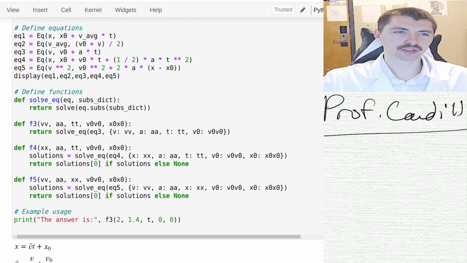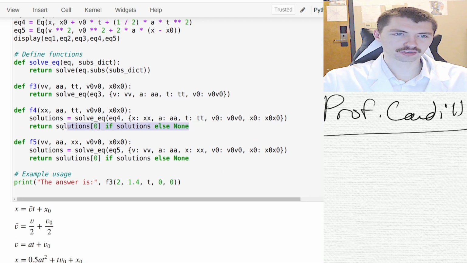But anyways, it's got this special function here that takes the equation and substitutes a dictionary. So this dictionary is here. So it's substituting that for that, which is pretty cool.